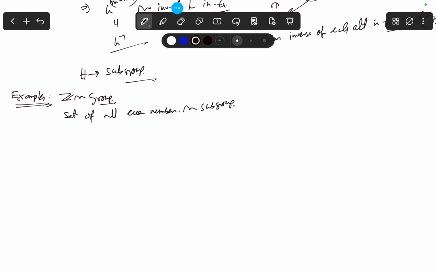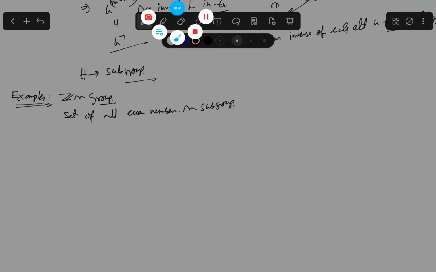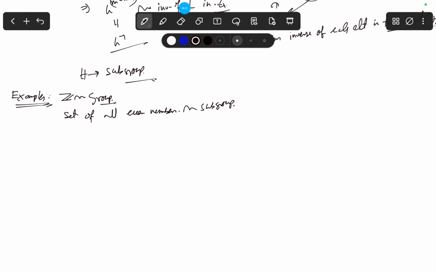I don't want to give any non-trivial example of a subgroup right now. Let us stick with some more trivial ones, and that is, let's say, R plus.